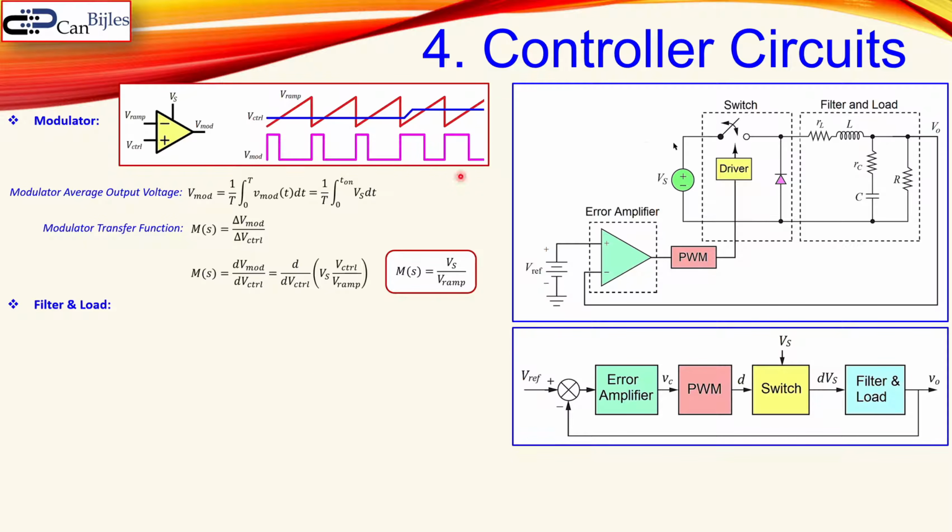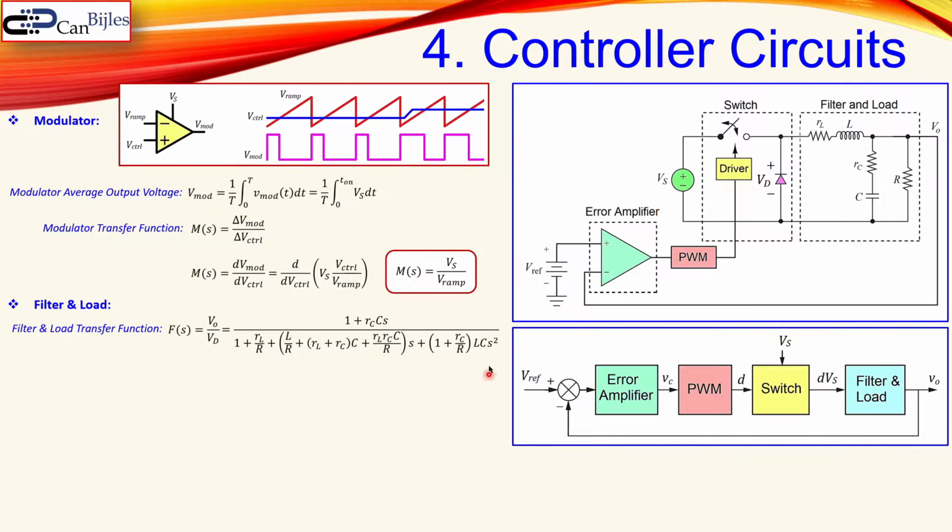Okay, the filter and the load, which is this part, will also have its own transfer function. Now that can be done using the analysis in the AC domain, so you consider this as the input and that one is the output. So it is VO over VD, which is the voltage across the diode here. Now that can be calculated and then determined. This is the result.